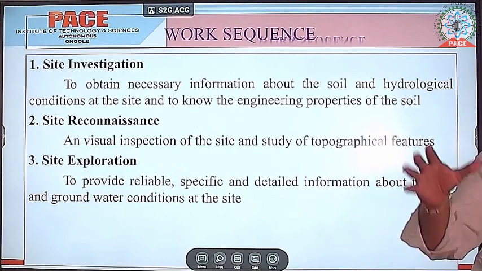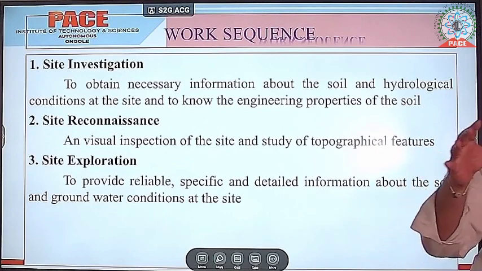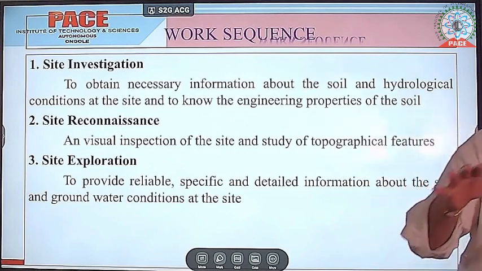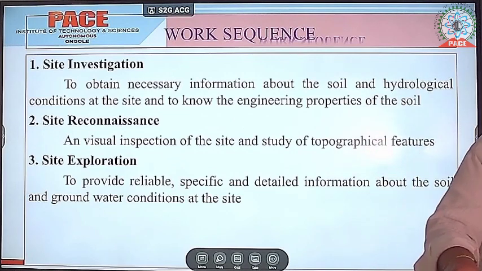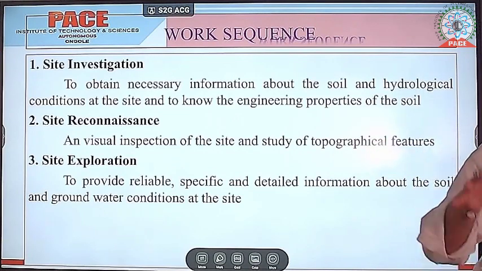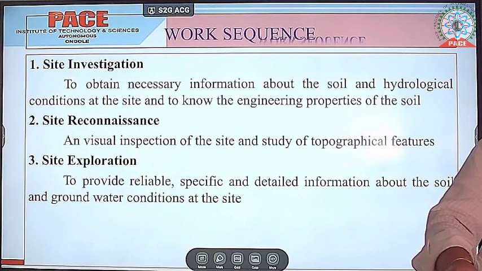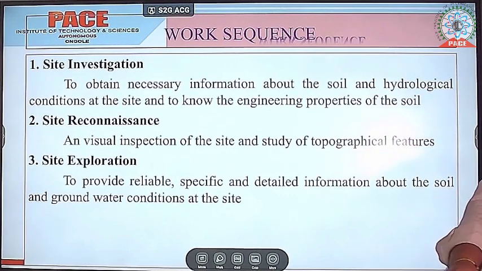So what topographical features are available, whether there are any boulders, any bushes, different types of topographical features. And the site exploration is to provide reliable, specific and detailed information about the soil and groundwater conditions at the site.